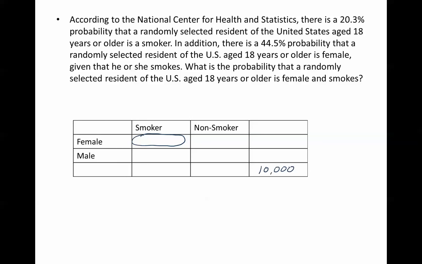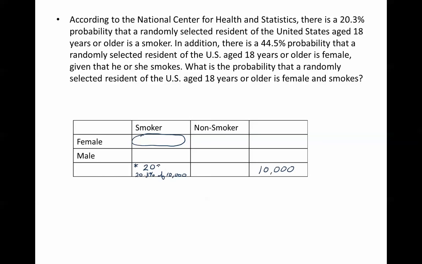First sentence, 20.3% probability that a randomly selected resident of the United States is a smoker. So that is going to help us fill in this box here, which is our total number of smokers. And we know that is going to be 20.3% of our total number of individuals, 10,000.